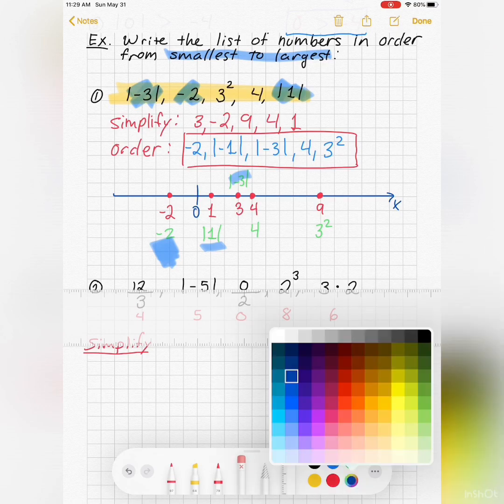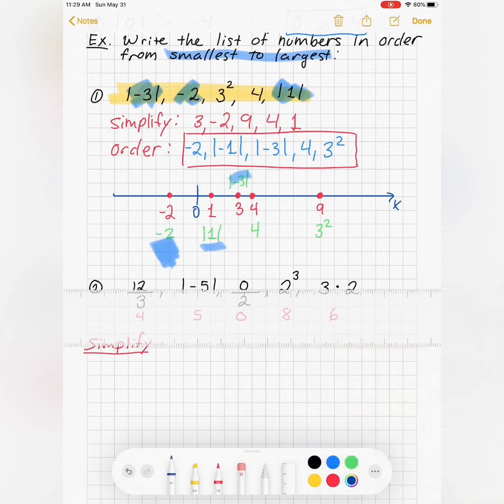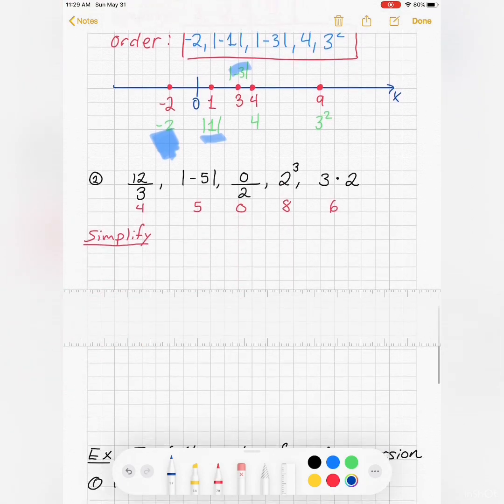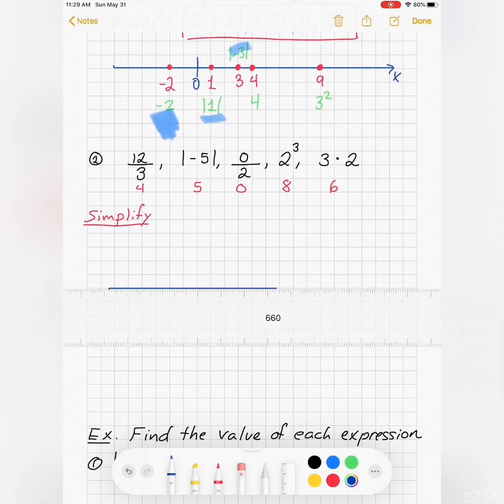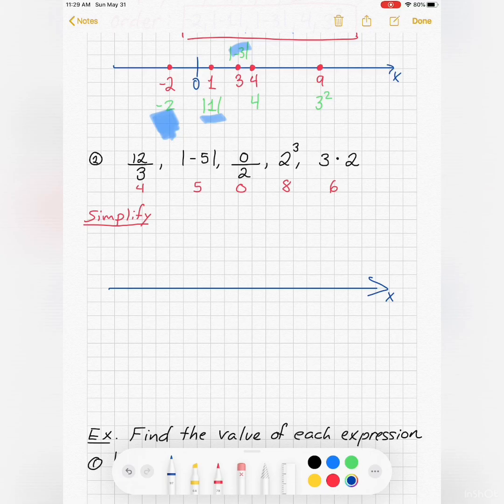Okay, now I'm going to make my number line. Nice, big, neat, clear number line. How's this going to go? Let's put 0 here. What are the numbers I need to plot?